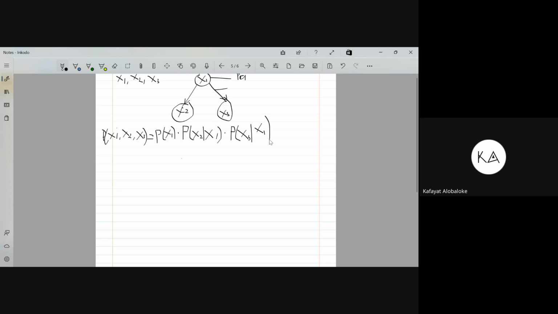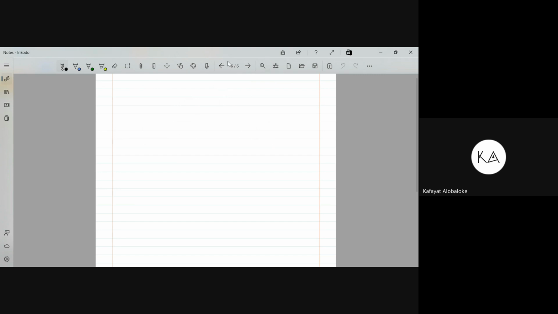Now, in today's class, we are going into conditional independence. But before then, we need to quickly remind ourselves of conditional probability. What do we mean by conditional probability? We've done this in the previous classes.